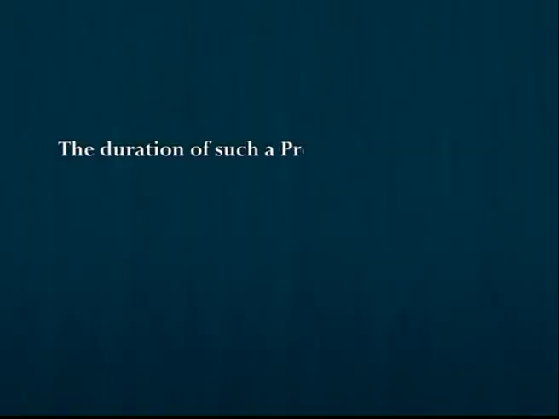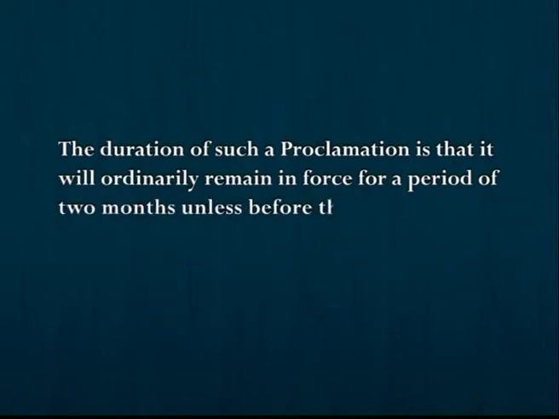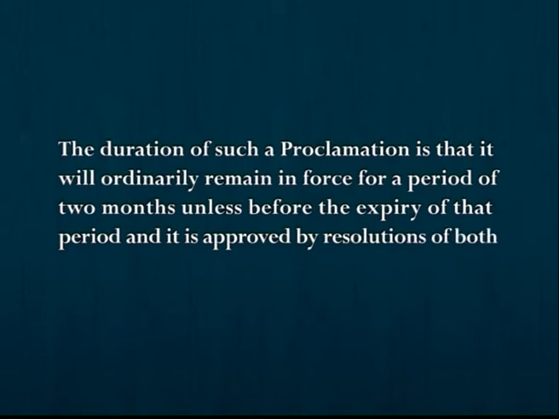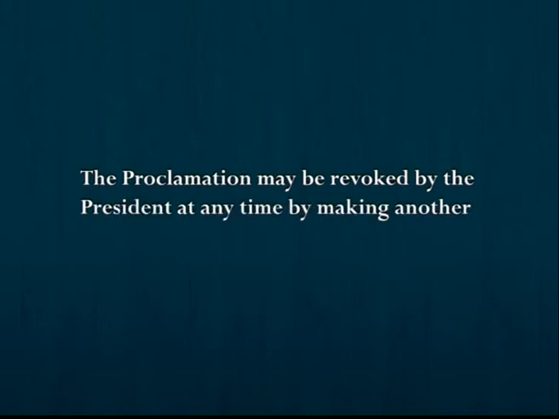The duration of such a proclamation is that it will ordinarily remain in force for a period of 2 months, unless before the expiry of that period it is approved by resolutions of both the houses of the Parliament. The proclamation may be revoked by the President at any time by making another proclamation.